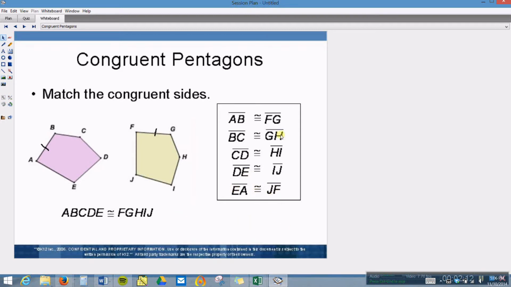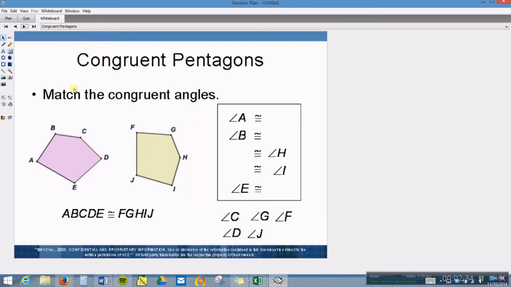Sorry, we get lots of letters going on, and sometimes I trip up over them. What you want to remember, though, guys, is that you always name it in the same order. That is important so you make sure that you're doing your corresponding parts correctly.